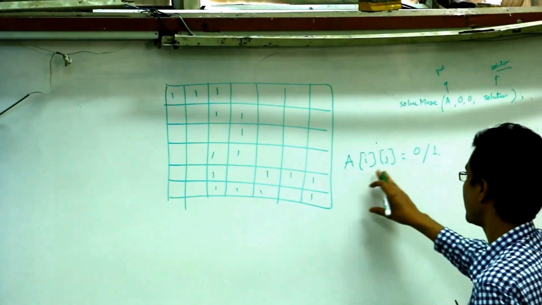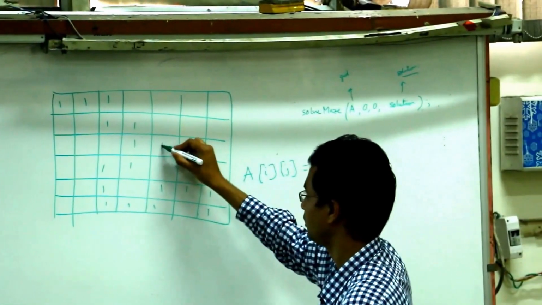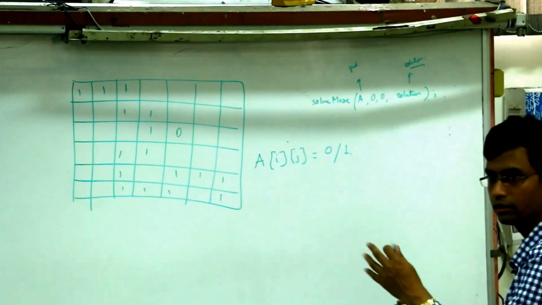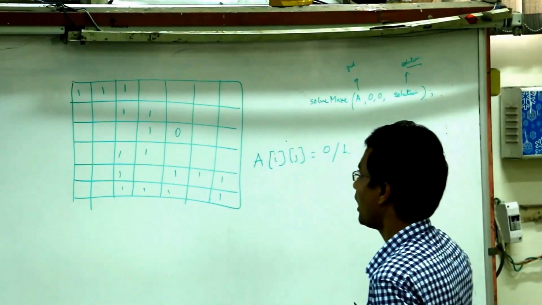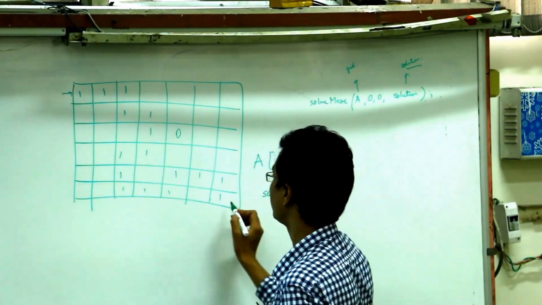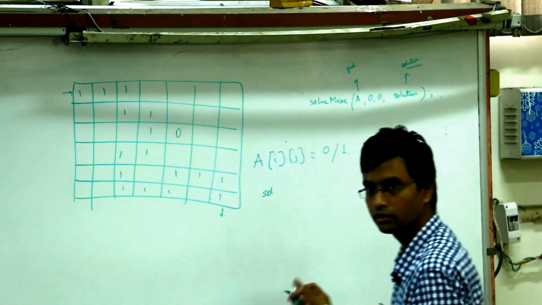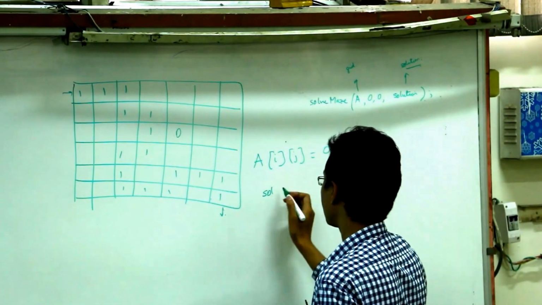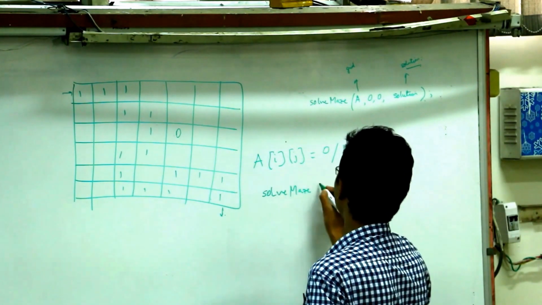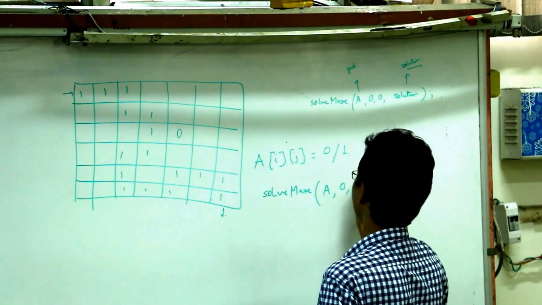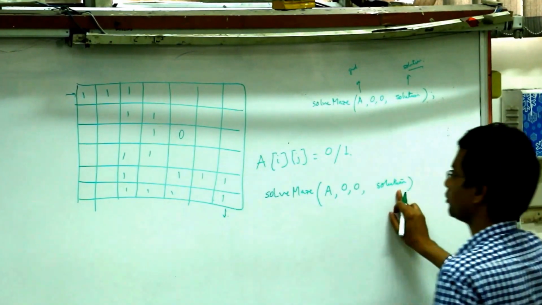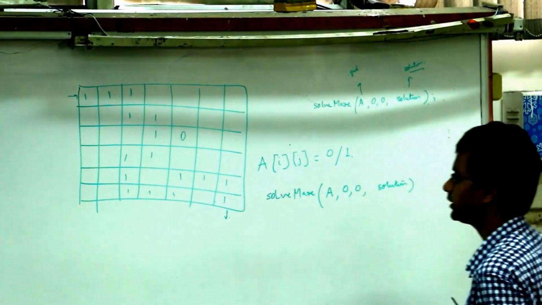If Aij is 0, that means you cannot enter that cell. If Aij is 1, it means you can enter cell Ij. And the objective is, starting from this point, to go to the end point. So this is clear, right? This is the routine we want to figure out, which is solve maze. A 0 0 is the starting point, and solution is the path which you want.